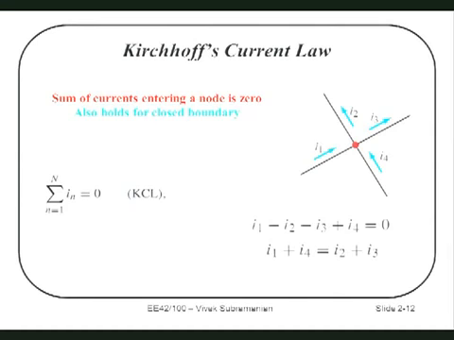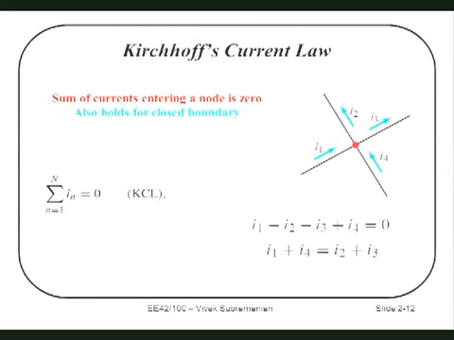Specifically, what the law says is the sum of all the currents entering a node is 0. Now, I've put it in a specific way. I've said the sum of all currents entering a node is 0, which means if currents are leaving a node, you treat them as negative. Another way to say that is whatever current goes into a node has to come out of the node.